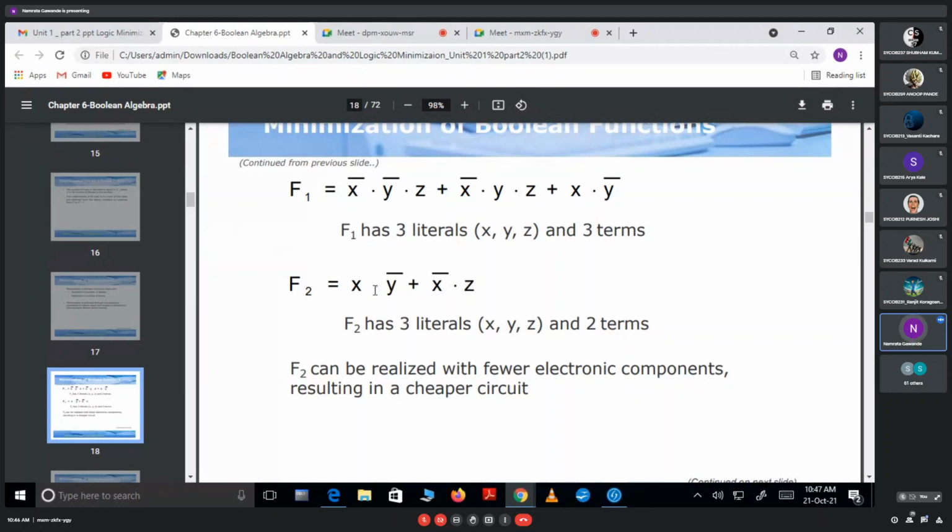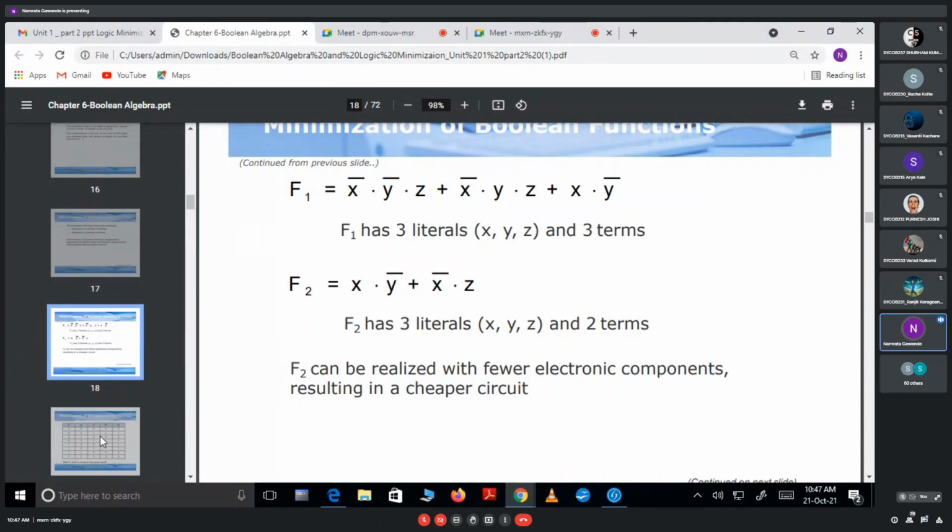So there are three literals, x, y, z, and two terms, 1 and 2. So F2 can be realized with fewer electronic components, resulting in a smaller chip, because both expressions give the same result. If we minimize this particular expression, we get this result. But that is not required now. Just understand the meaning of literal and terms now.